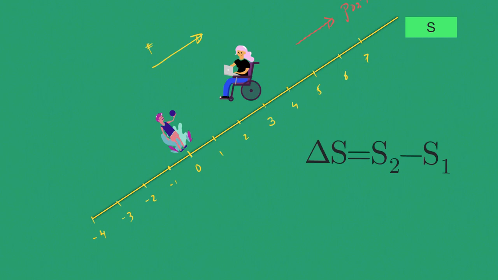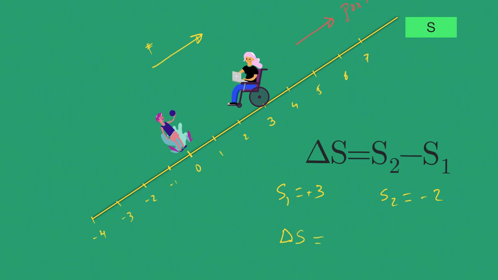So if you have an object that is moving through the S direction, let's say that he's moving from S1 equal plus 3 to S2 equal minus 2, there is a change in the position, but now the position is not X or Y, it's S. So delta S is S2 minus S1.